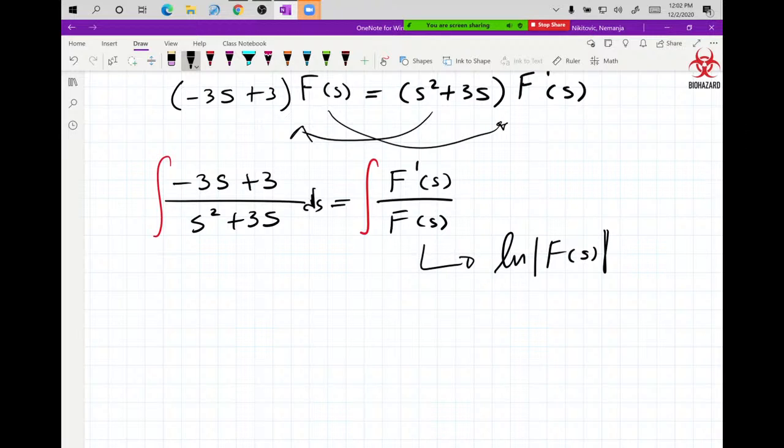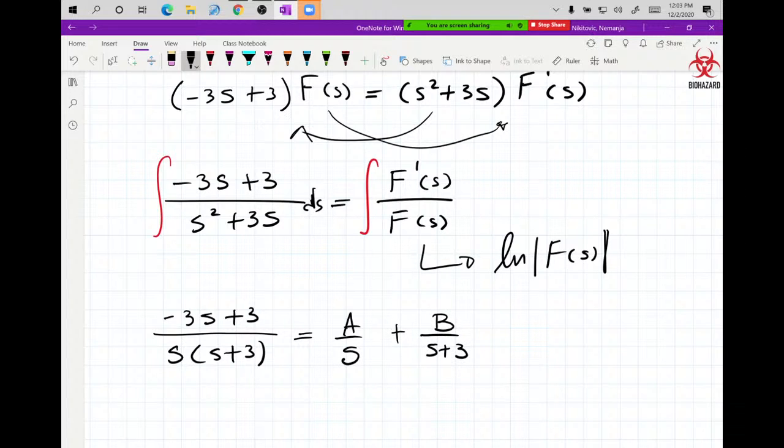You have your negative 3s plus 3 divided by s times s plus 3, and that breaks into A over s plus B over s plus 3.